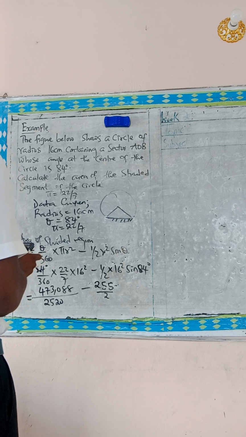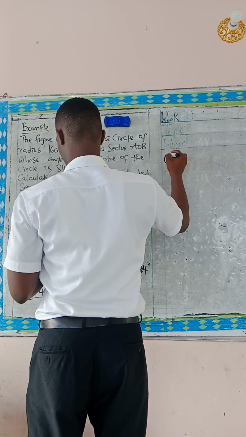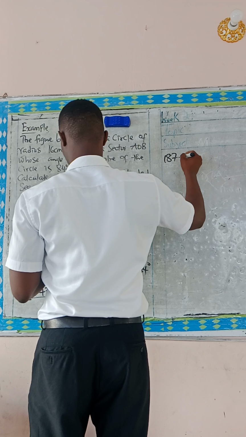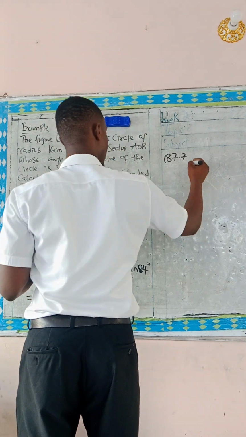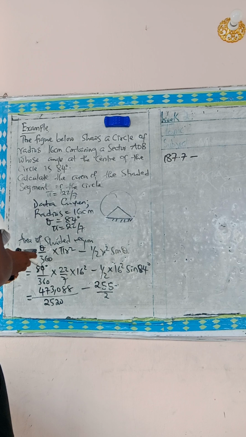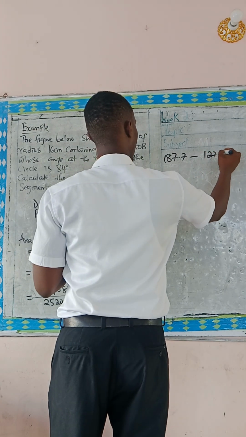So we can evaluate this to become 473,088 divided by 2520, which gives us 187.7 to one decimal place, minus 255 divided by 2, which gives us 127.5.